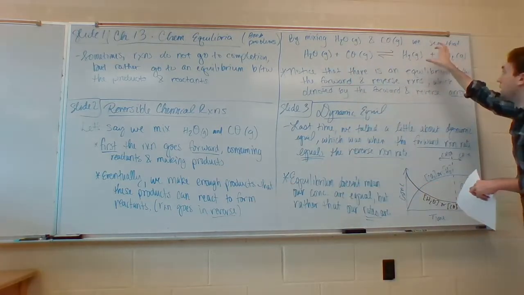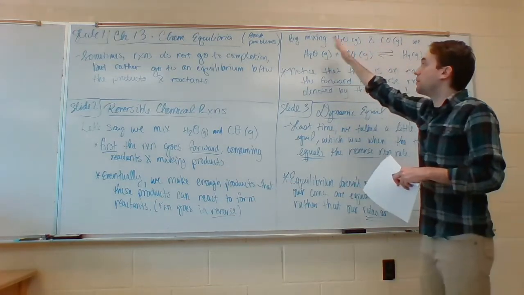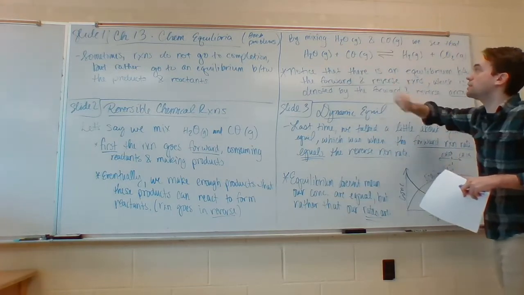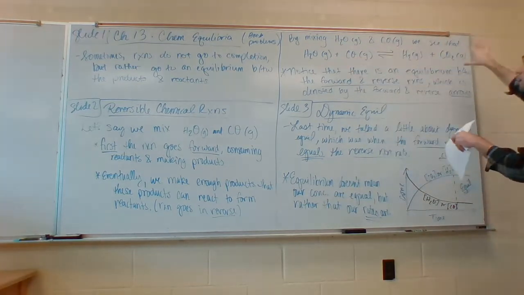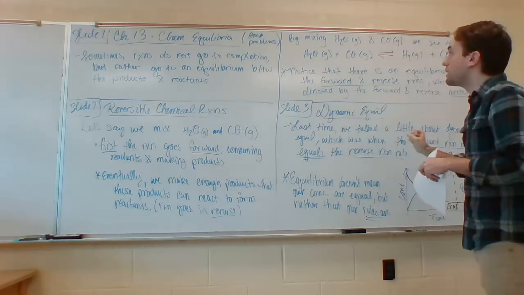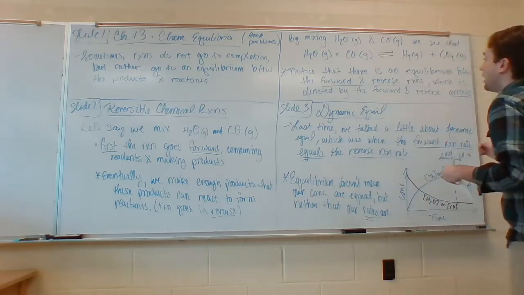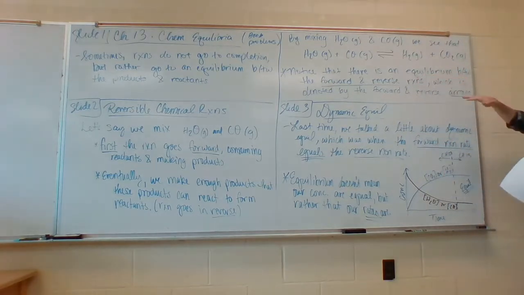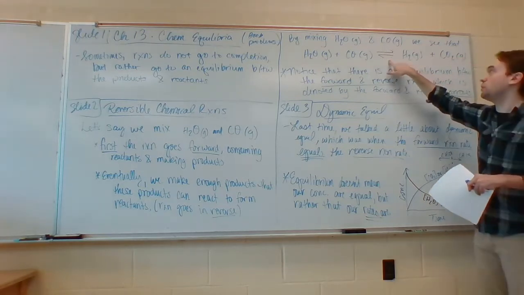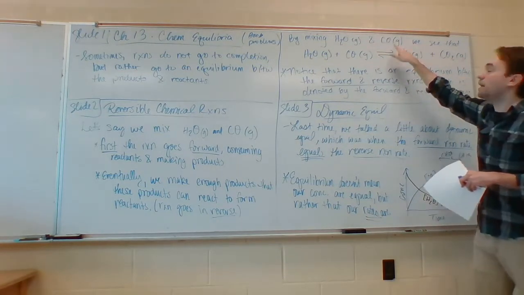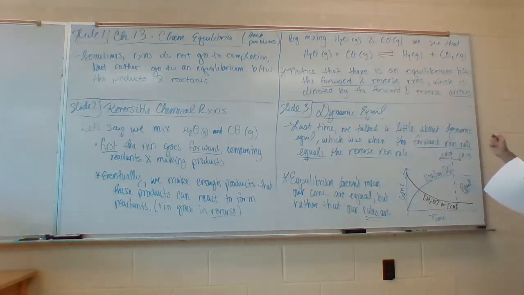So we're going to end up building enough of these, and then they'll end up going back to form some H2O and CO, and so we'll have a competing forward and reverse process. Now, notice that there is now an equilibrium between our forward and reverse reactions, which we denote with this special arrow, where we have one arrow going forward and one arrow going backward. That's going to denote equilibrium.